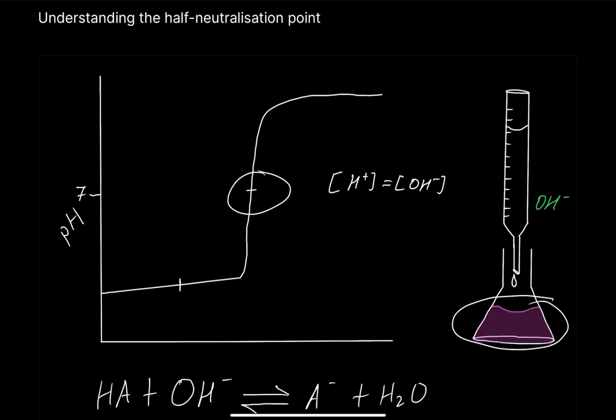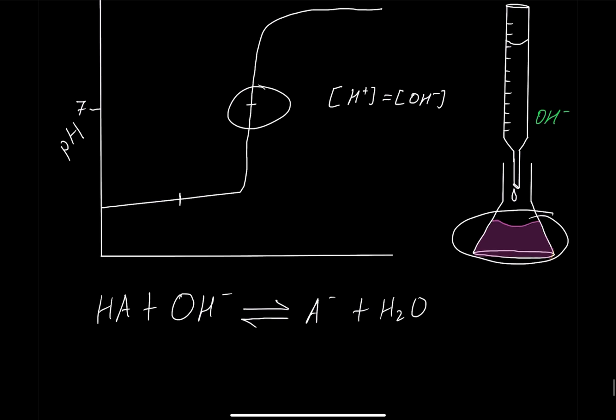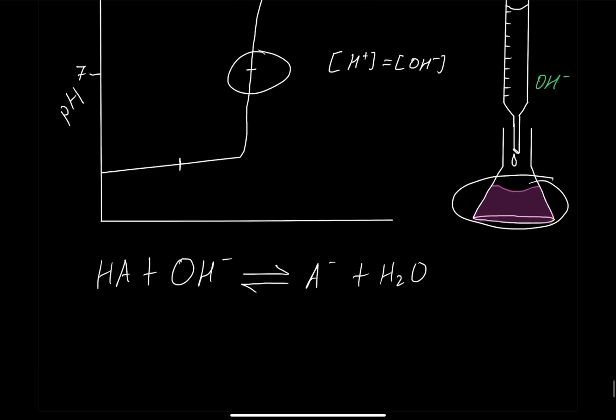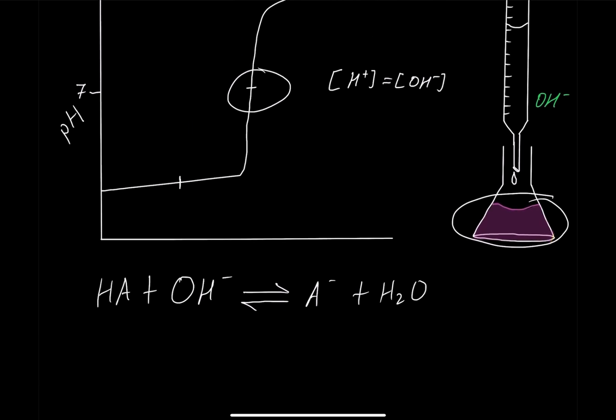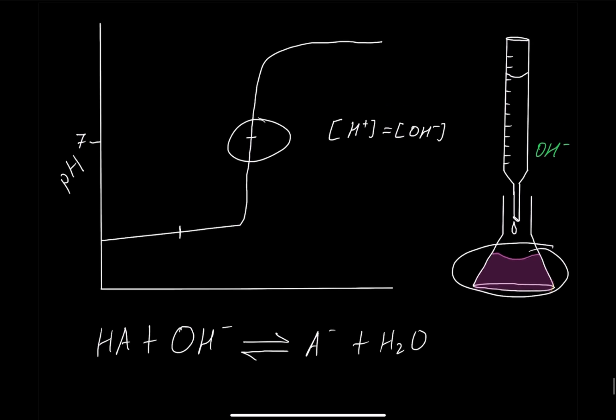Now, understanding the half neutralization point is good because it can help us with certain calculations. In this reaction, this is a titration of an acid with a base, but the base is the one that's in excess. The HA in this case is the limiting factor.